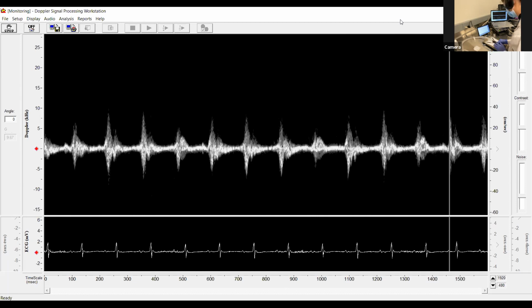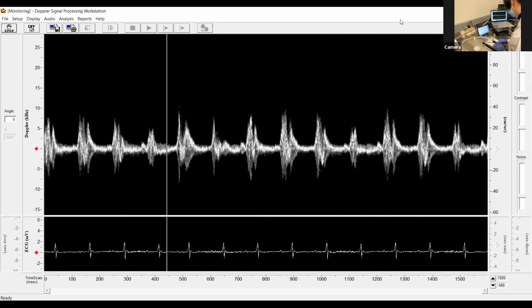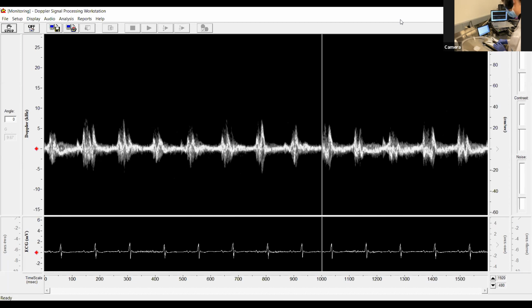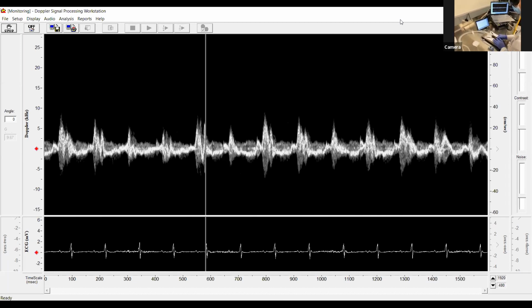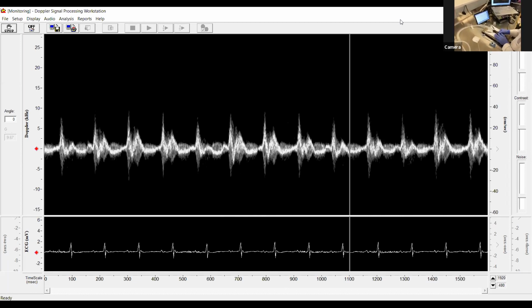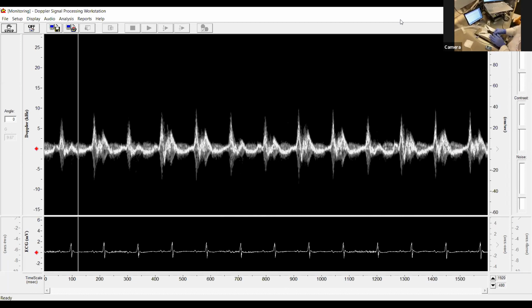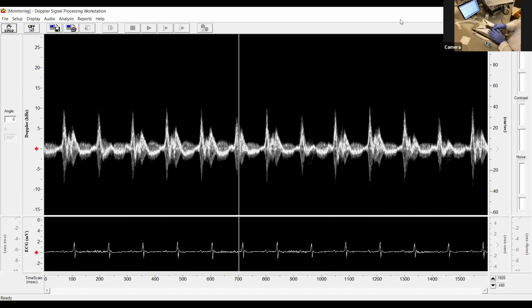So Sydney's making small movements with the remote to change the depth, and then also making small movements with her hand to get the mitral valve.